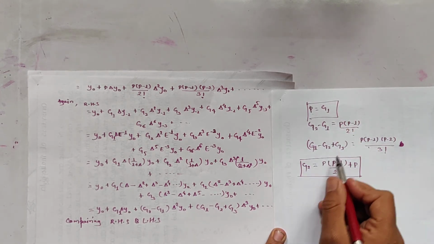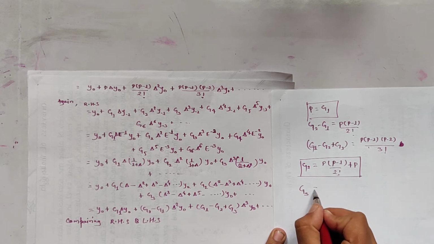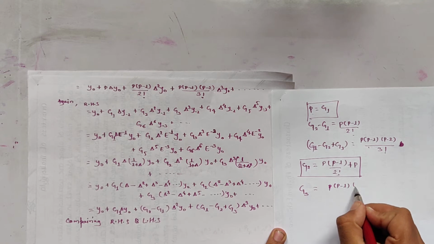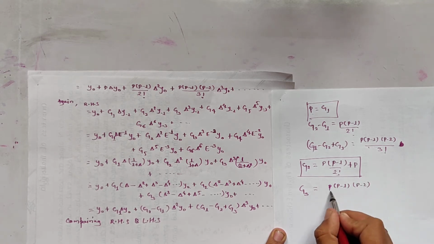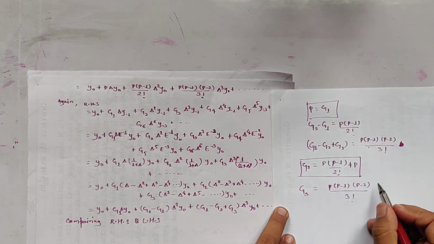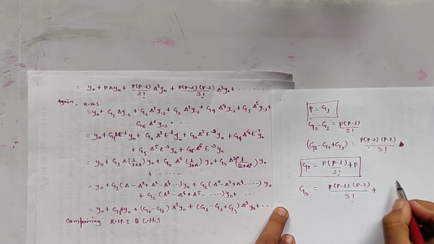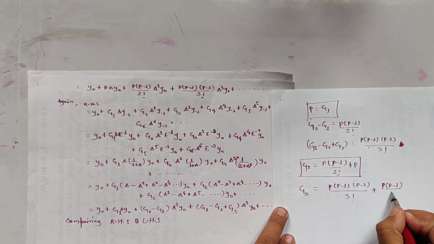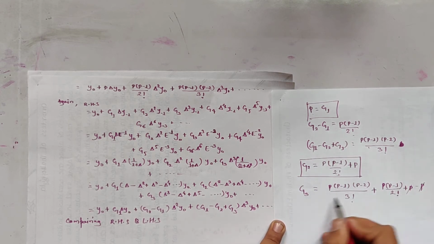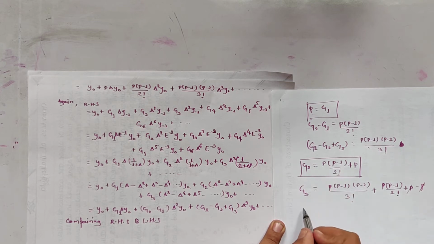And what is the value of G3? G3 is equal to P into P minus 1, P minus 2 by 3 factorial. When G2 goes to that side, plus G2, so G2 is P into P minus 1 by 2 factorial plus P, and G1 goes that side, it gives minus P. So this is cancelled.